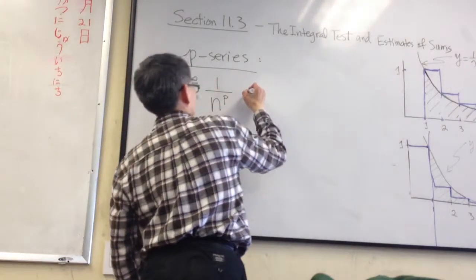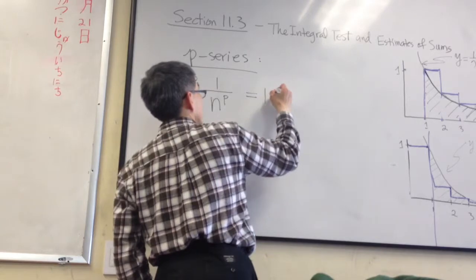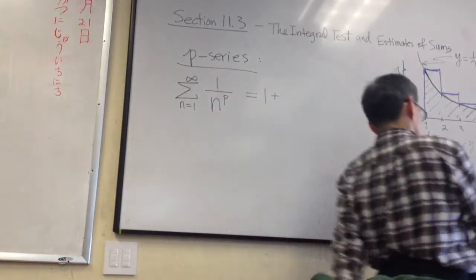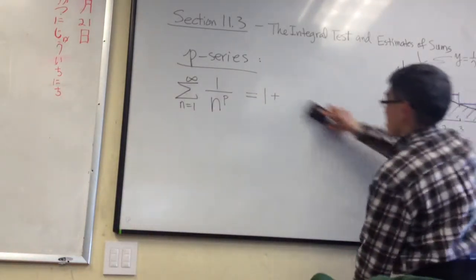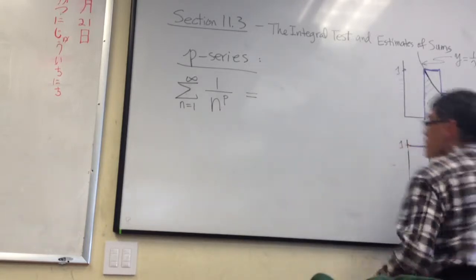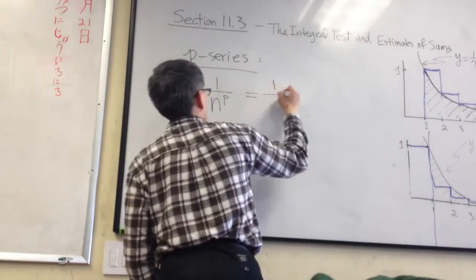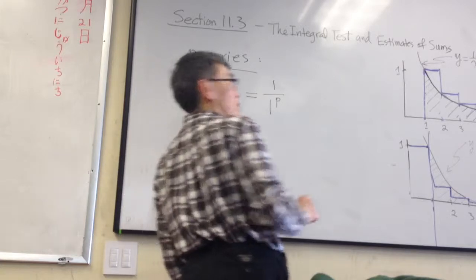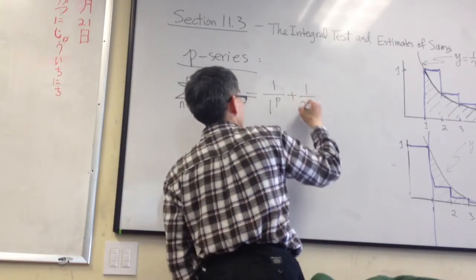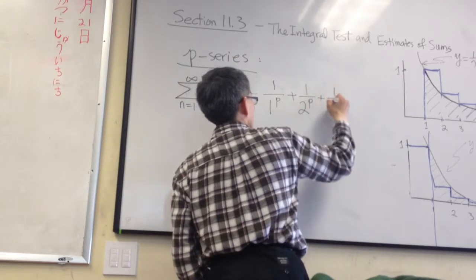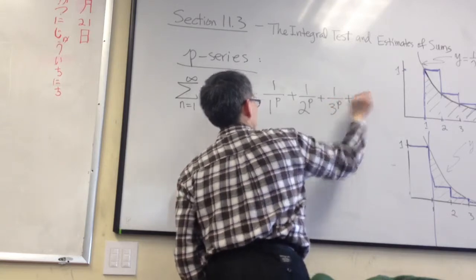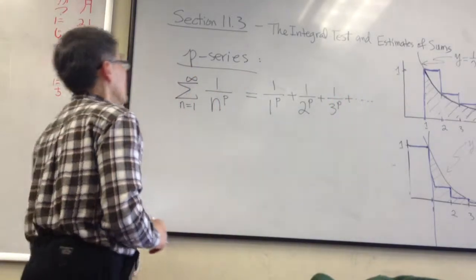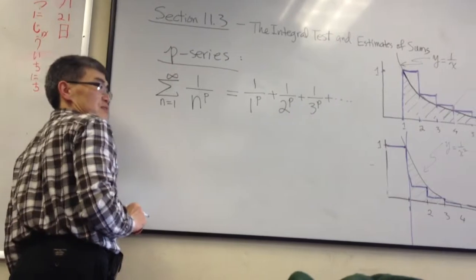That is to say, 1 over 1 to the p-th power, that's still 1, plus 1 over 2 to the p-th power, plus 1 over 3 to the p-th power, plus dot dot dot. Okay? So this is called P series.